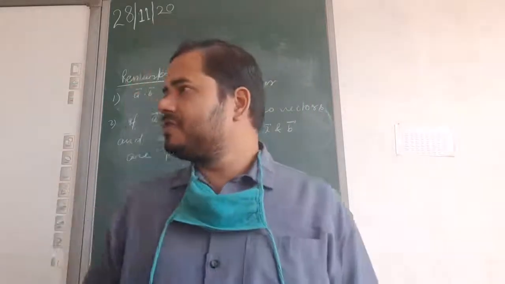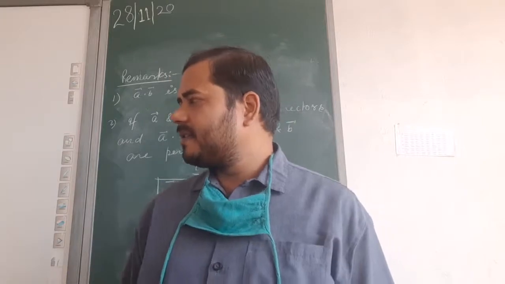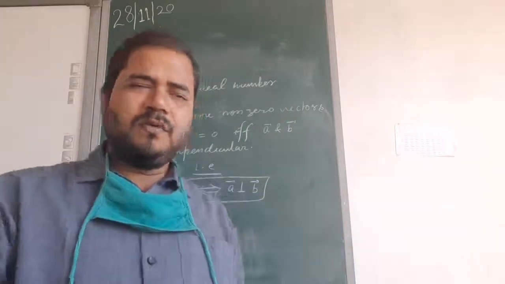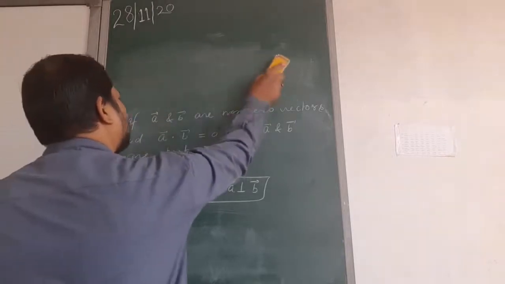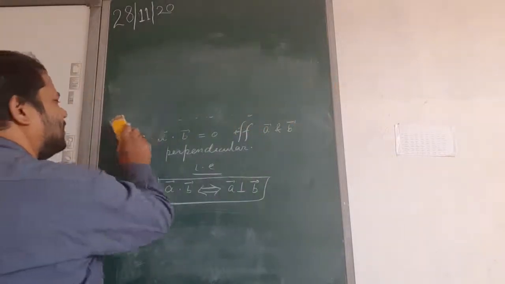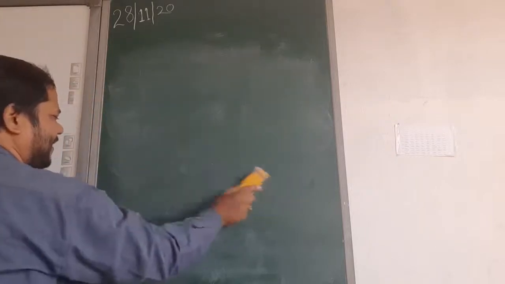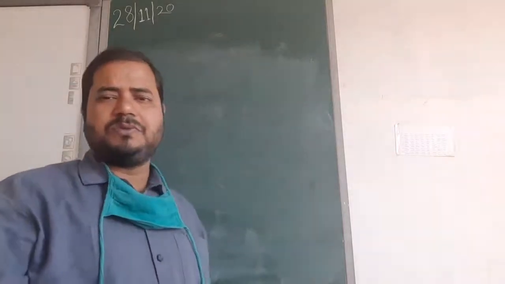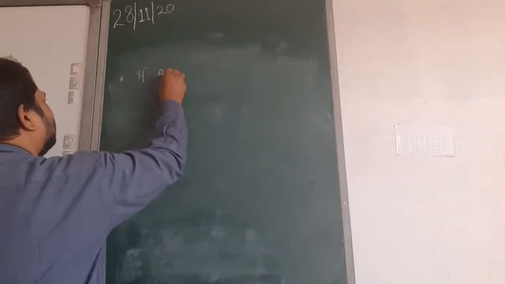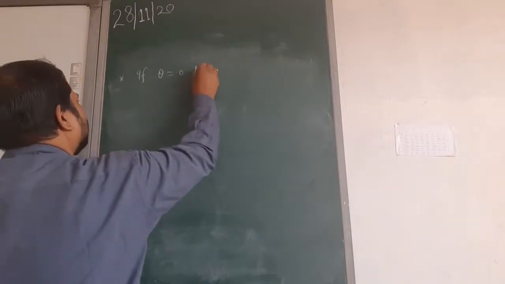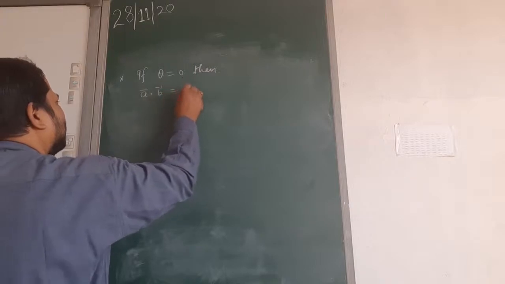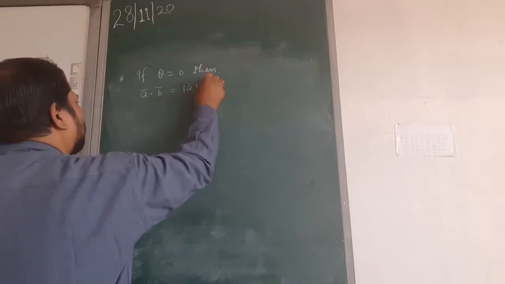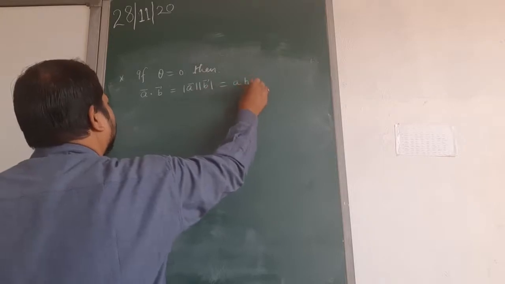Now see, if theta is equal to 0, then A dot B is nothing but mod of A into mod of B. So, third one, if theta is equal to 0, then A dot B must be mod of A mod of B, that is simply AB.